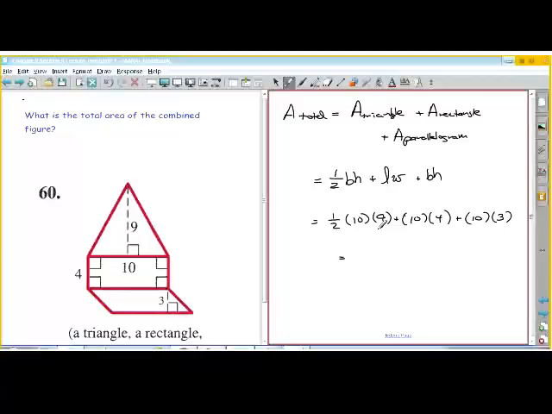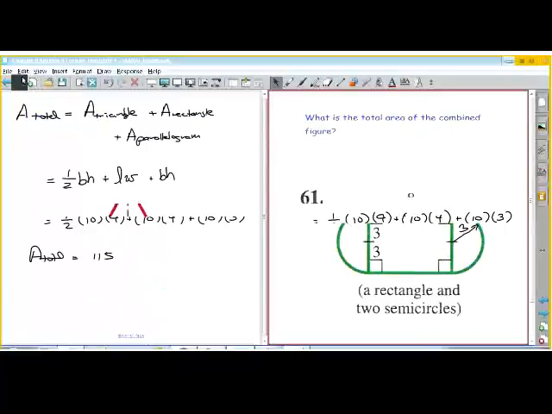So we're going to have 0.5 times 10 times 9 plus 10 times 4 plus 10 times 3. Get a total of 115. So that's the total area. So that's pretty straightforward. That's problem number 60 in your book.